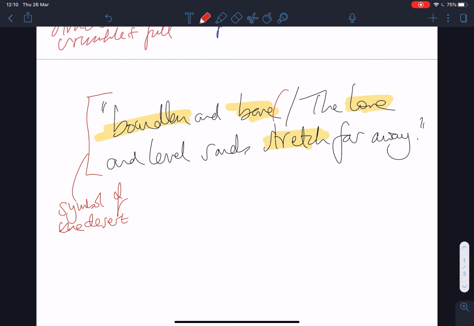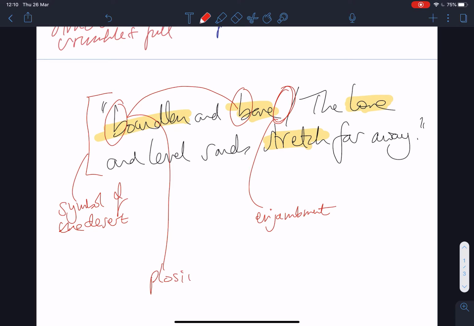And we have the enjambment here. And we also have the plosive B's. And we have these sibilant sounds that run across these lines as well.